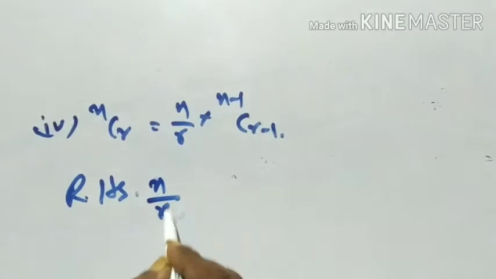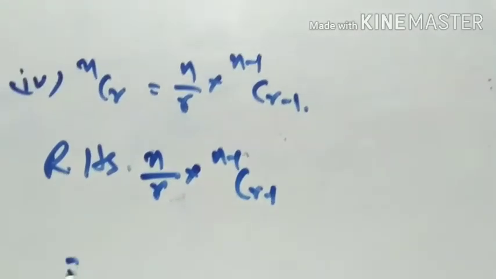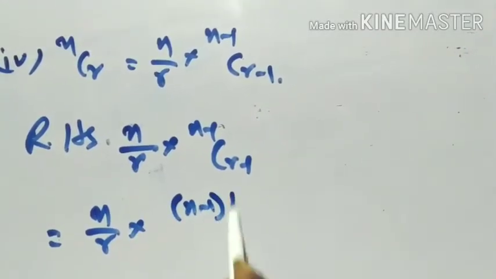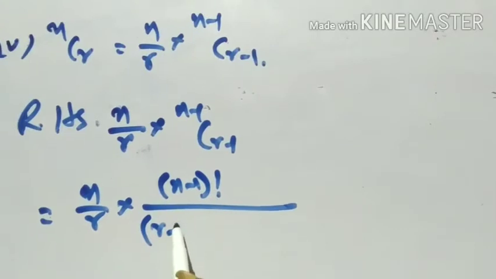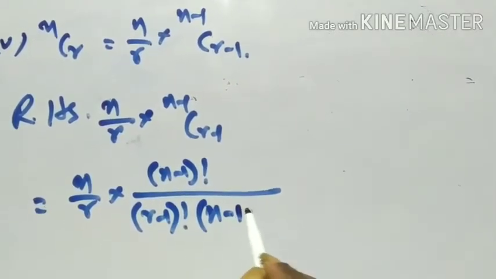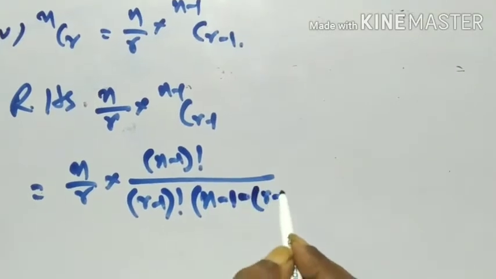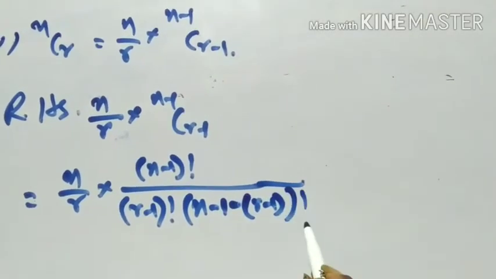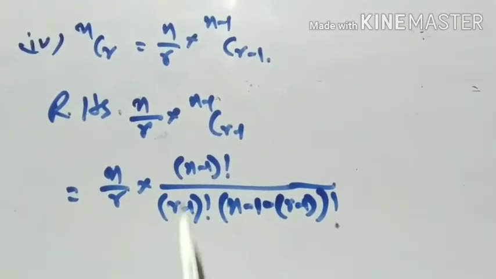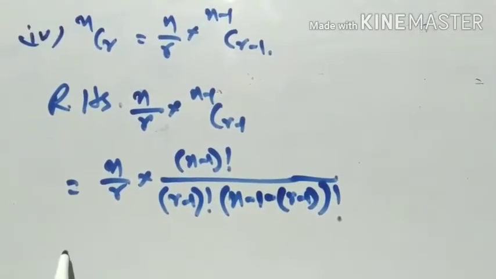That is n by r into (n minus 1)C(r minus 1), which is n by r into (n minus 1) factorial divided by (r minus 1) factorial into (n minus 1 minus bracket r minus 1) factorial. Everything is clear to you now.